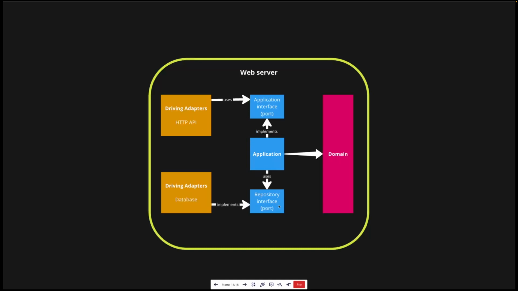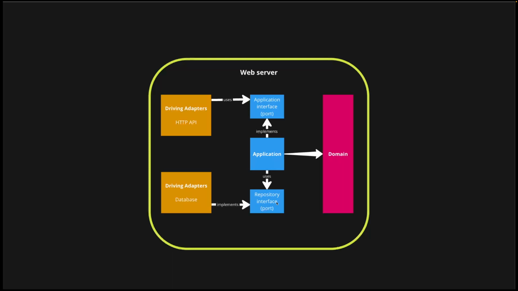On the other hand, our application defines another interface, which is a repository. And whenever our application needs to persist something, or to read from persistent storage, it will just write repository.save or .get or .create or whatever, without knowing what adapter implements this. And so whenever we create an instance of our application, we will also need to pass a specific adapter.